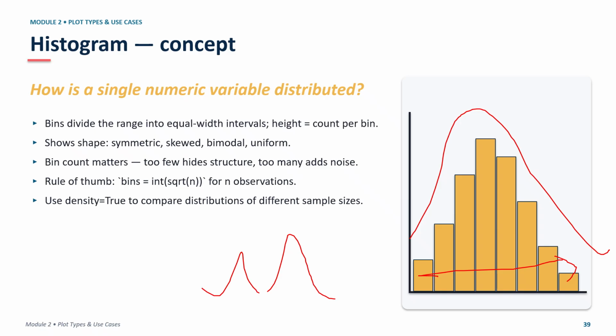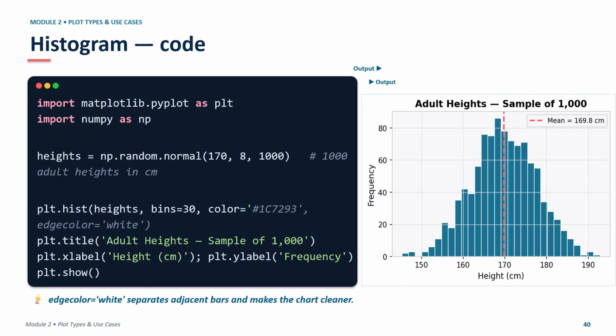Now let us move on to the code. Let us walk through the histogram code. First, let us import the matplotlib library as plt, and then import numpy as np. Now let us make the histogram chart.